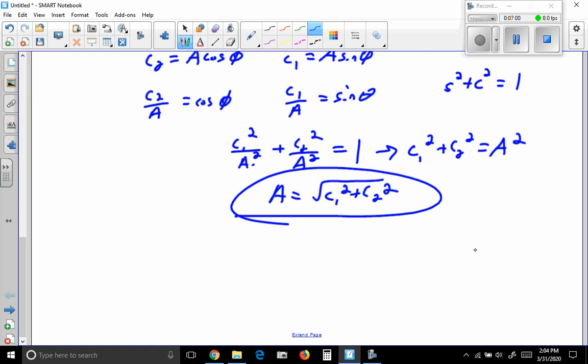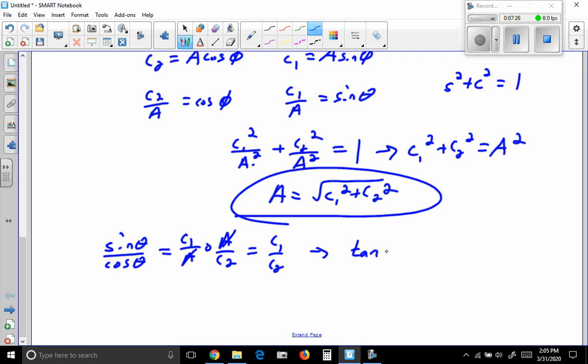If we want to solve for phi, notice we can do sine phi over cosine phi. Sine is C1 over A. If we do this divided by that, instead of dividing by that fraction, multiply by its reciprocal. So the A's cancel, so we get C1 over C2.